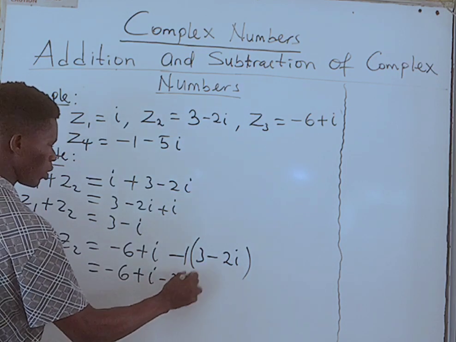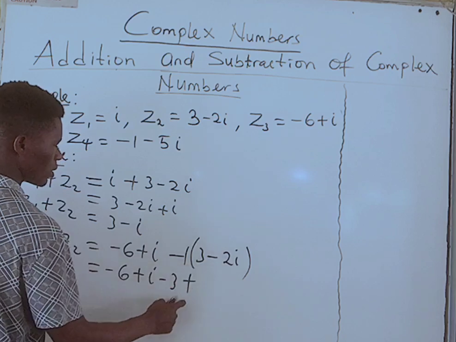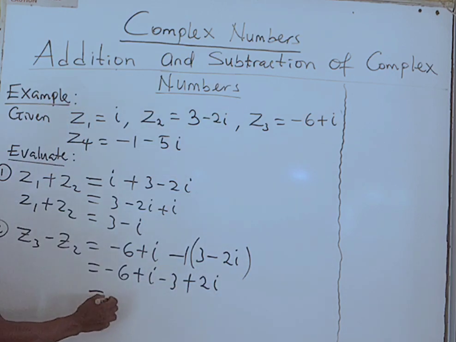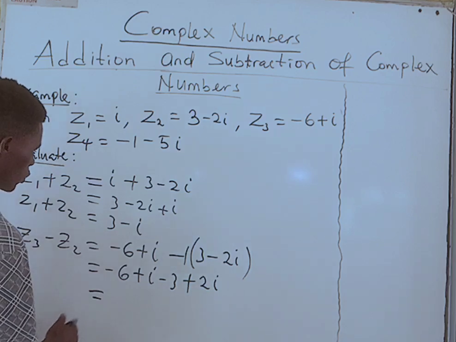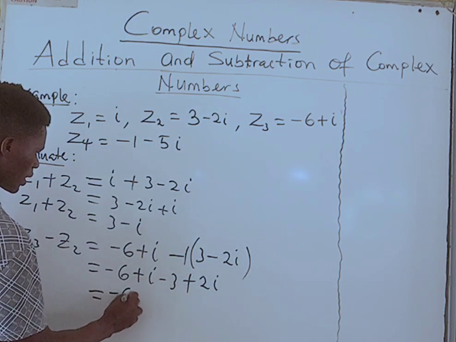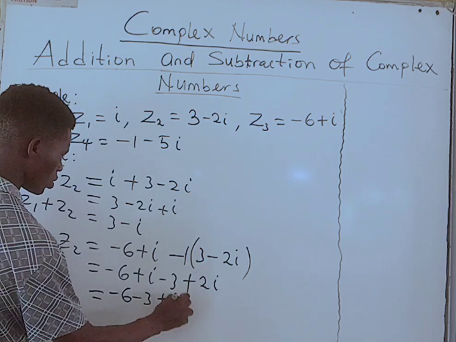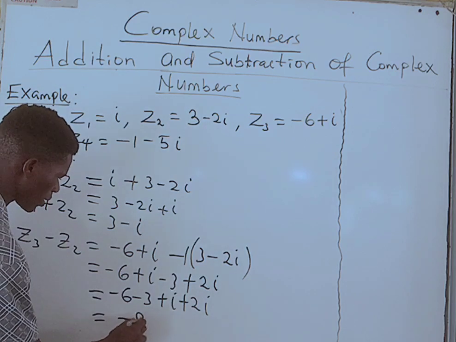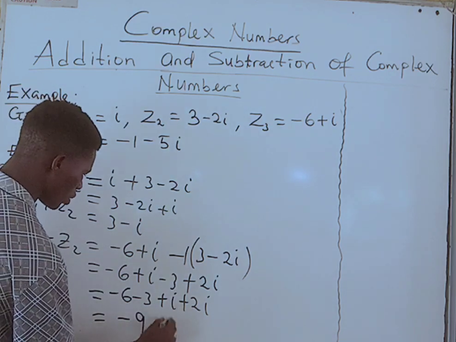Minus 3 plus 2i is what we get, because minus times minus is a positive. We collect like terms again, so we have minus 6 minus 3, then plus I plus 2i. Minus 6 minus 3 gives minus 9, and I plus 2i gives plus 3i.